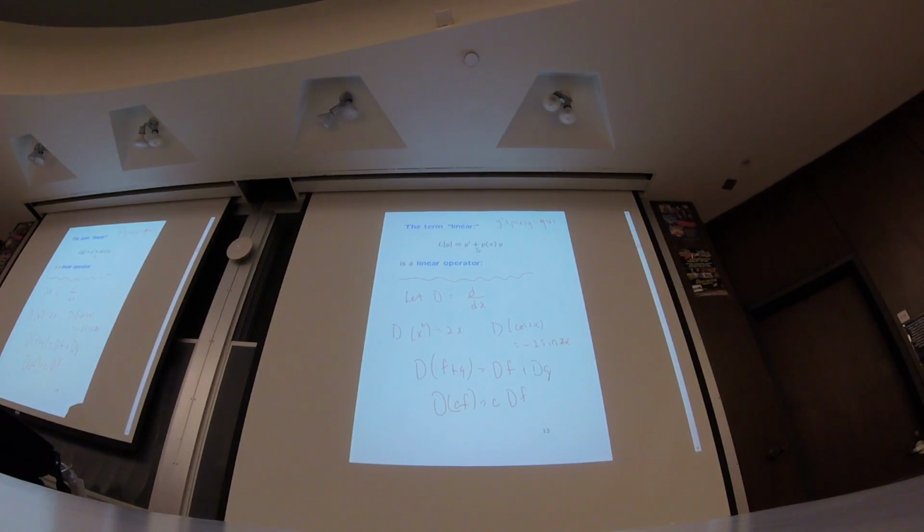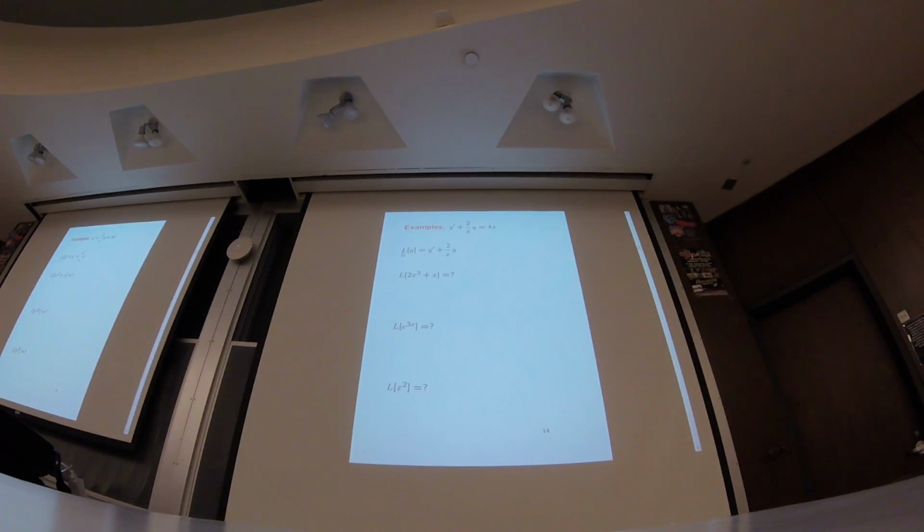That produces another function. So L here, this left-hand side, is an operation. And I took an example. Look at the linear differential equation, y prime plus 2 over x y equals q of x. Look at the left-hand side.